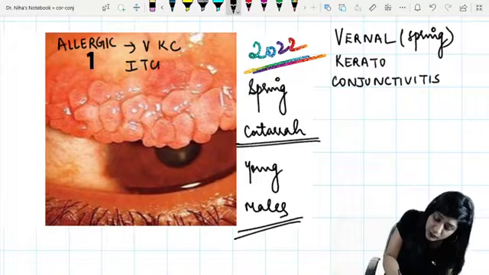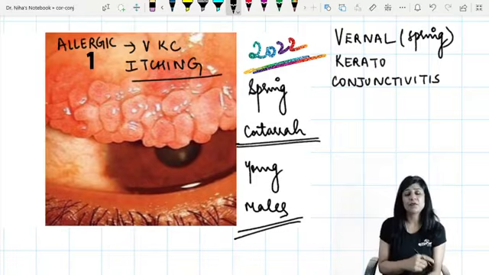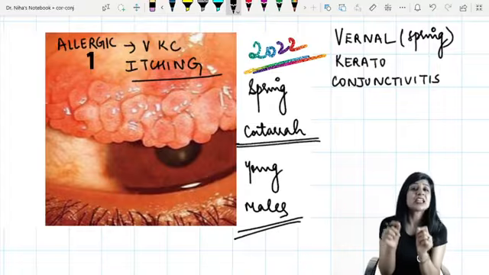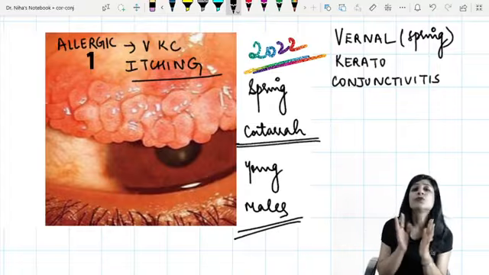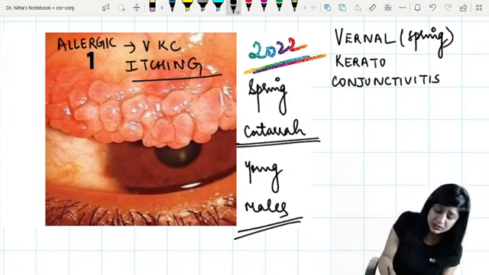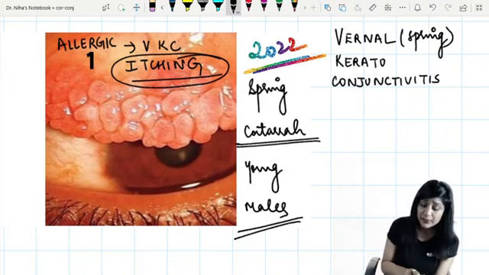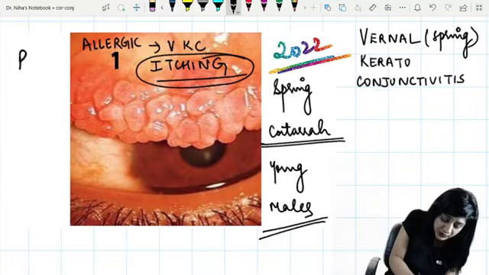Always remember you are going to get the itching. Now one more dictum: whenever you have itching in the question, always go for allergy. So itching means allergy. This person is going to have intense itching, and a typical discharge you are going to get is the ropey discharge.